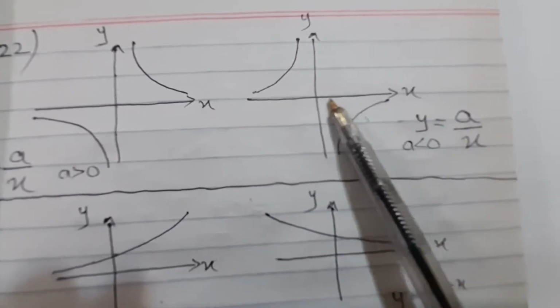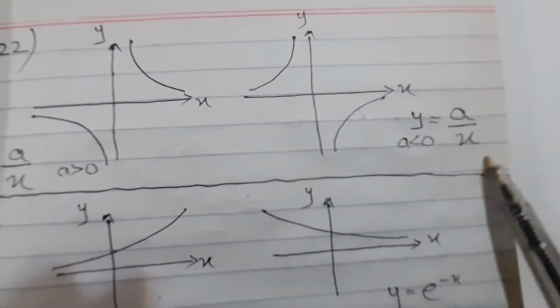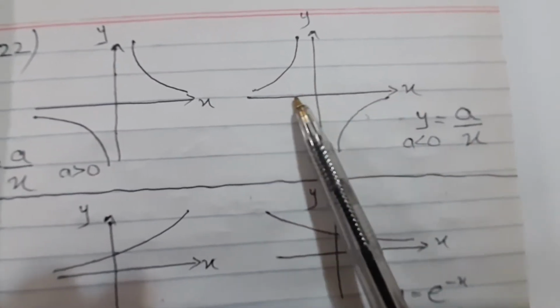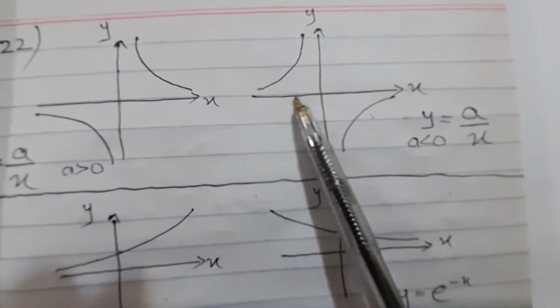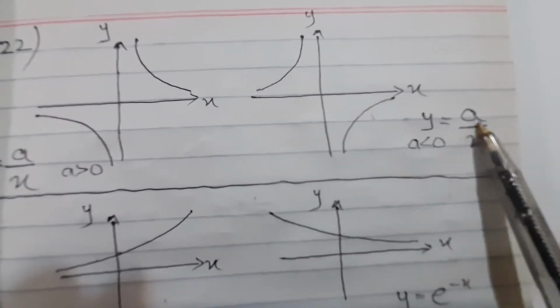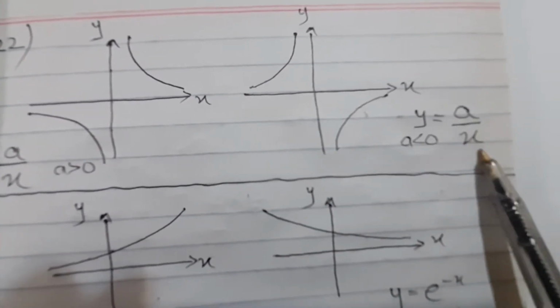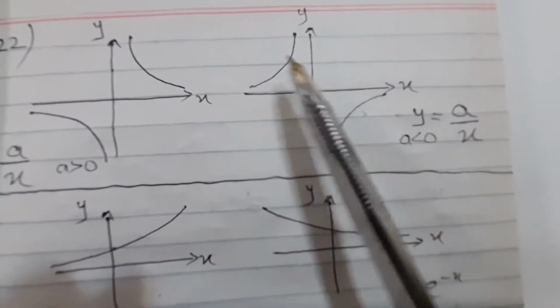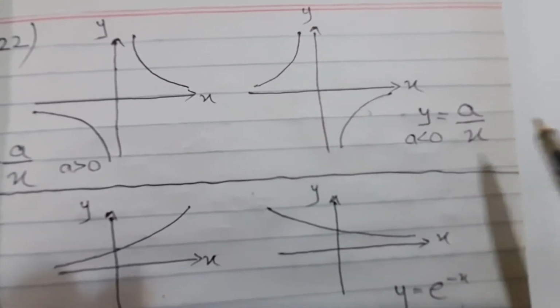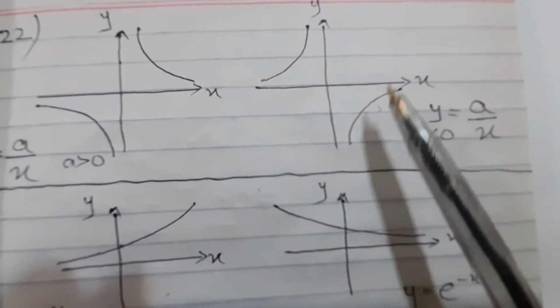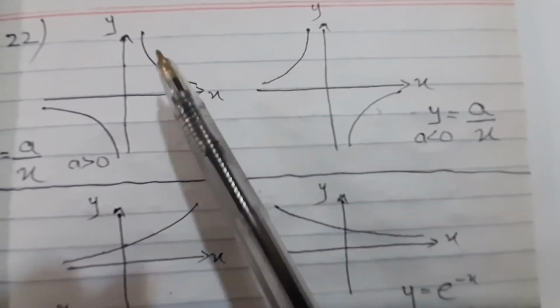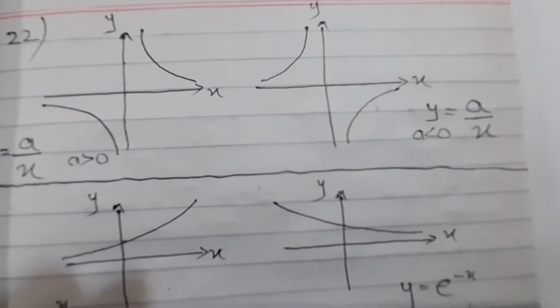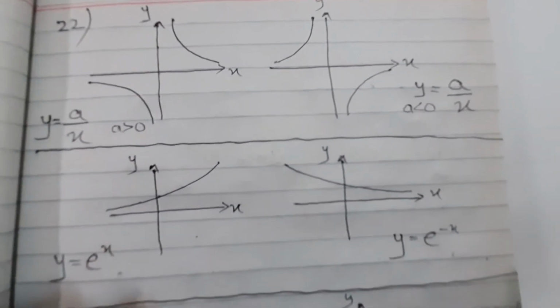The denominator value is increasing, so the overall value will decrease. If your x value is negative, and a is already negative, then negative will become positive. It means the value of y is positive, that's why the graph is like this. So if your equation is a over x, the graph has this shape or this shape, depending on the value of a, plus or minus.